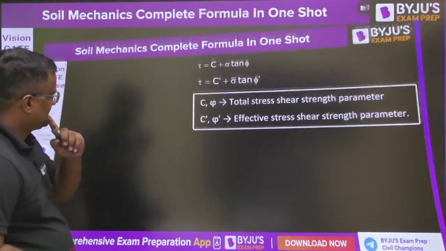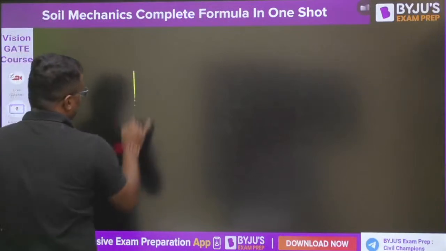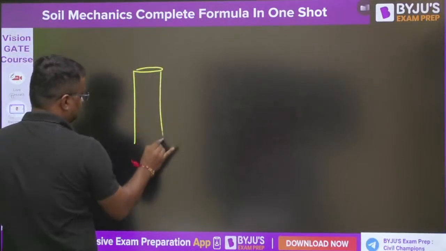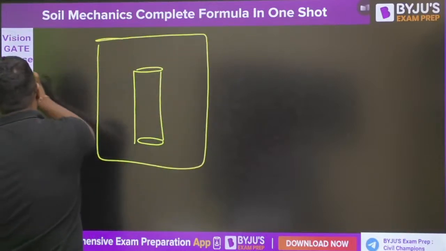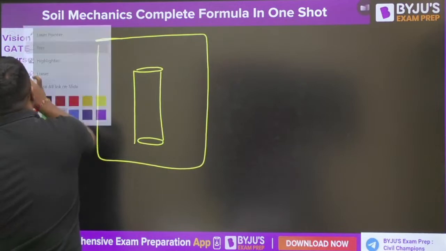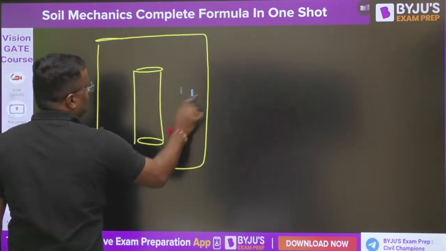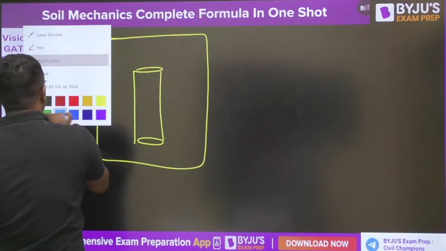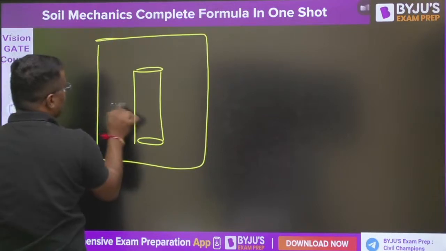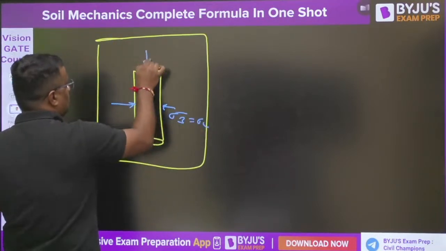Now what we do is we take a sample, we put that sample in a triaxial test, and everywhere there is water. So that water is applying the sigma 3 here, the confining pressure, sigma 3, also called sigma c, from all around.